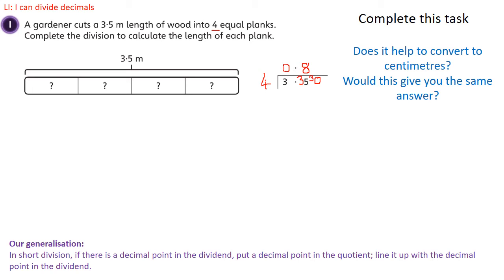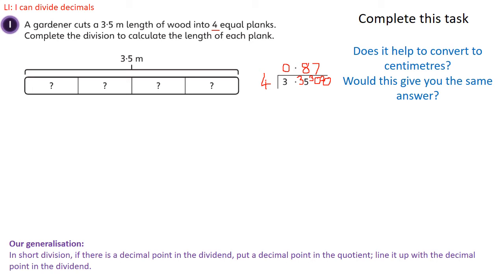So again, what's our times table? We know that 6 fours are 24, 7 fours are 28. So I can go 7 times and I've got a remainder of 2, but I've run out of digits again. So I'm going to have to put another 0 in and then I can carry over my remainder.